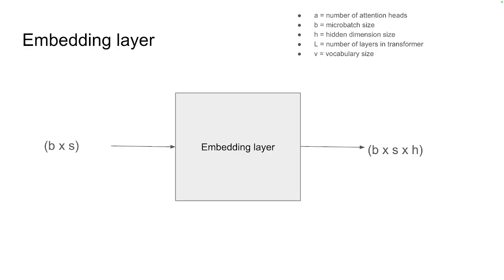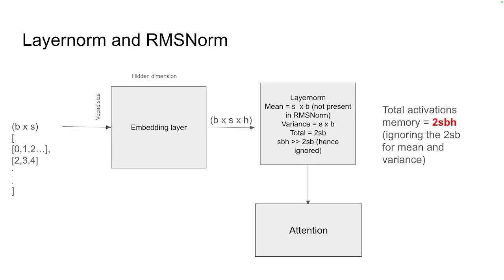So first, to the transformer, the model has to go through an embedding layer. Let's see how the embedding layer functions. The embedding layer gets an input of micro batch size and sequence length, and each entry is basically a token ID.